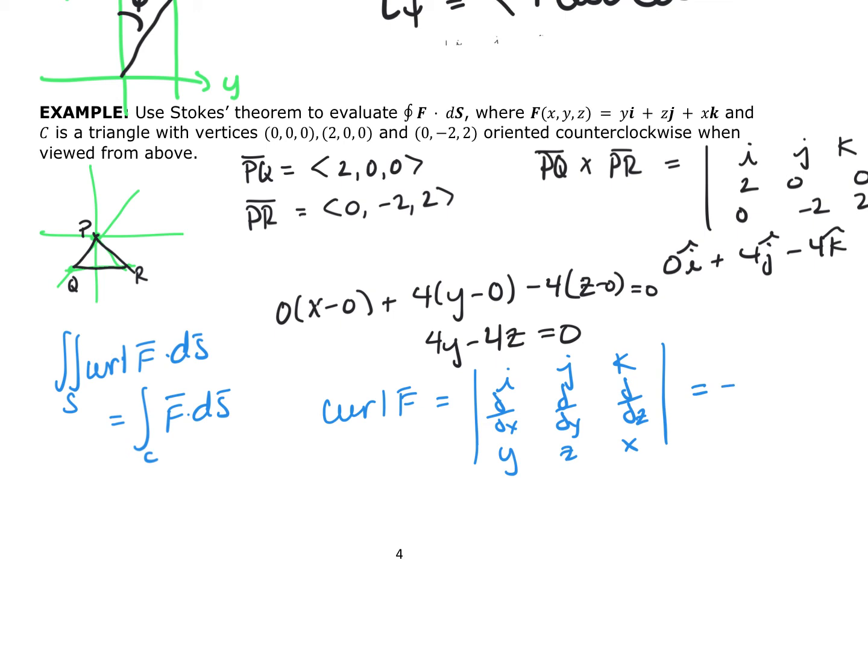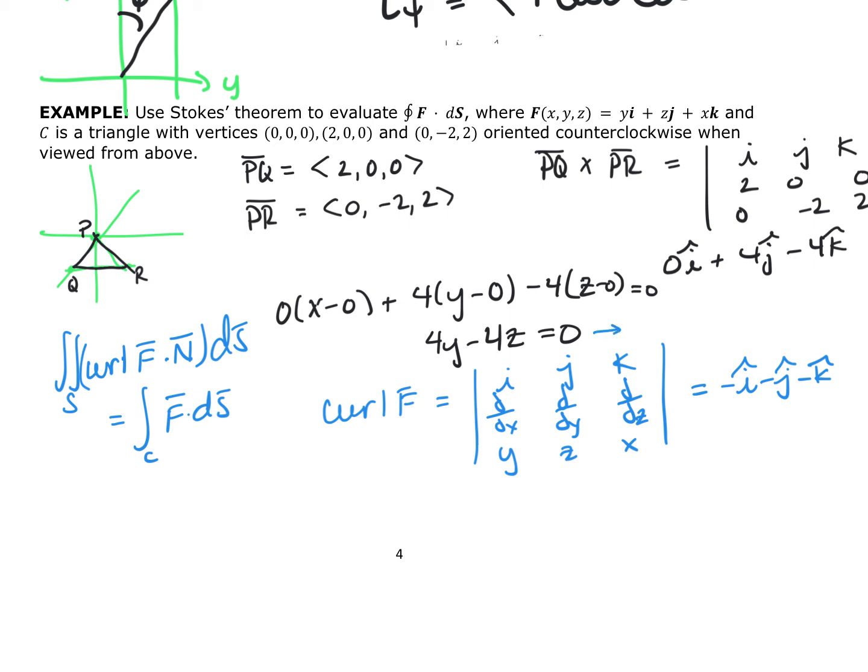And I end up getting negative i minus j minus k. Also, this should be the normal dS.